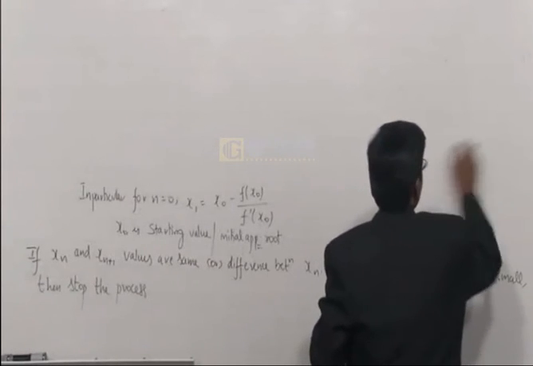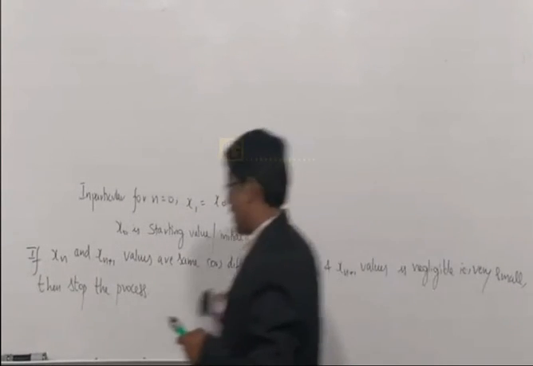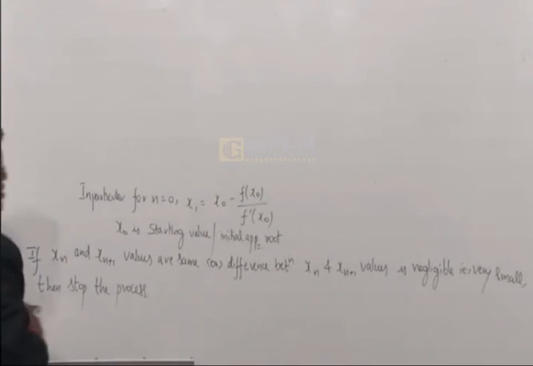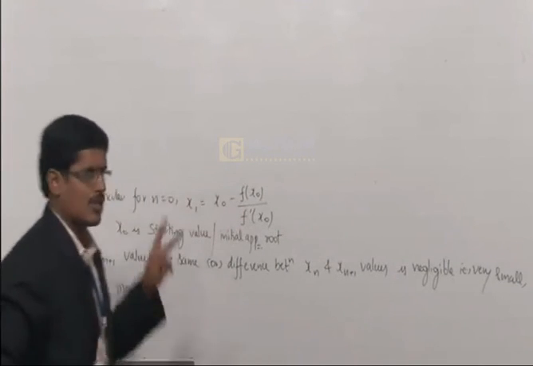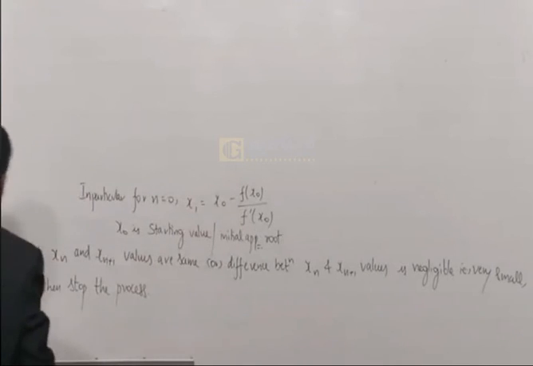So at every iteration, per step, we need to evaluate two function values: the f value and its derivative.